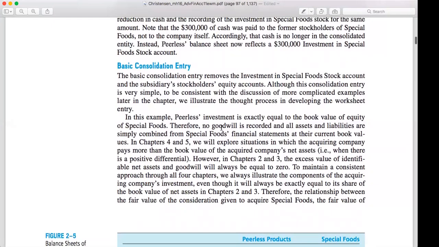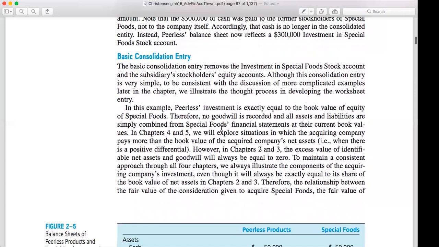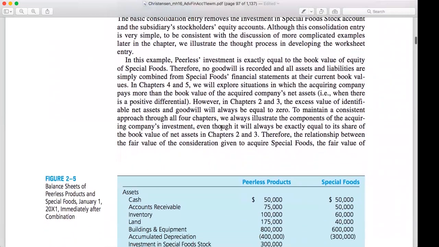The basic consolidation entry removes the investment in Special Foods stock account. But in this example, Peerless's investment is exactly equal to the book value of Special Foods. So there is no goodwill recorded, right? Okay. All assets and liabilities are simply combined from Special Foods' financial statements at their current book value.